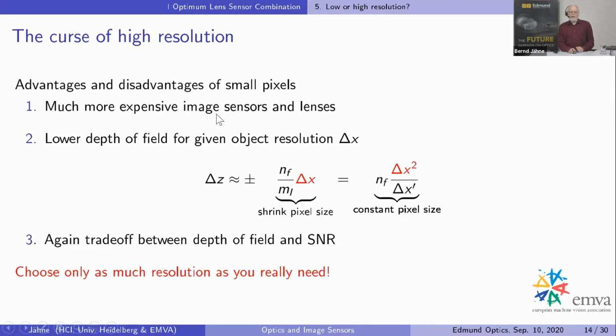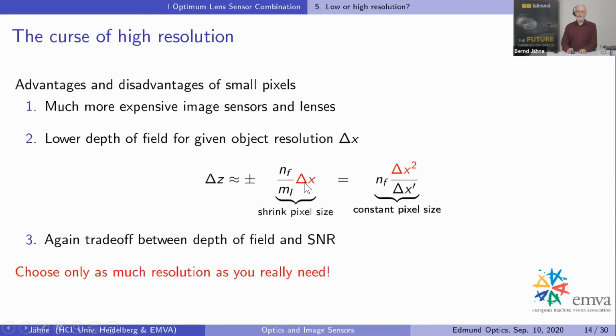If you go to more resolution, you need a sensor with more pixels. Of course, that is a little bit more expensive, and the same is true for the lenses. Again, there is the cost question. But let's look again at the lower depth of field, what we get. I have written it again here in two different forms, that's the same equation, now only focusing on the resolution.